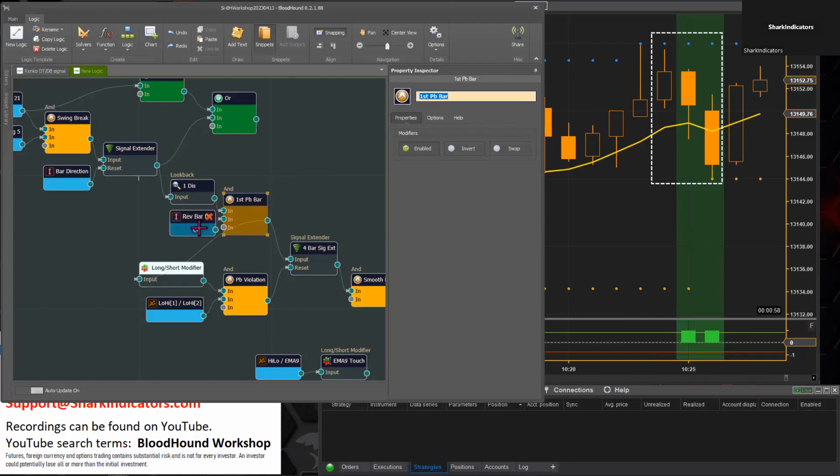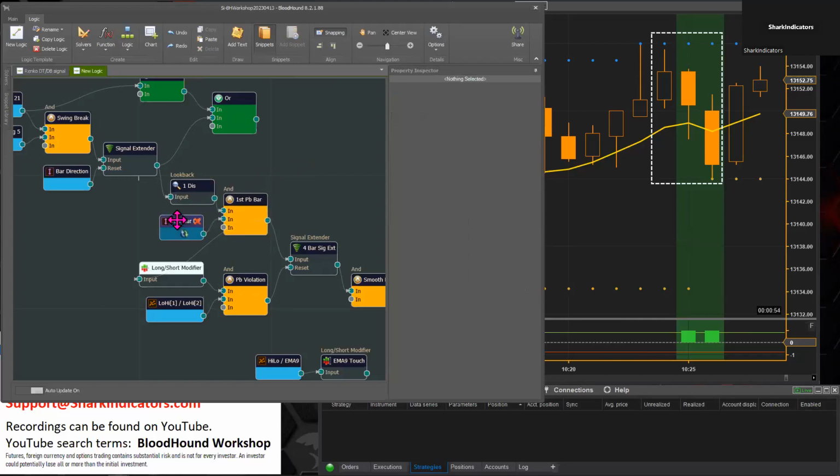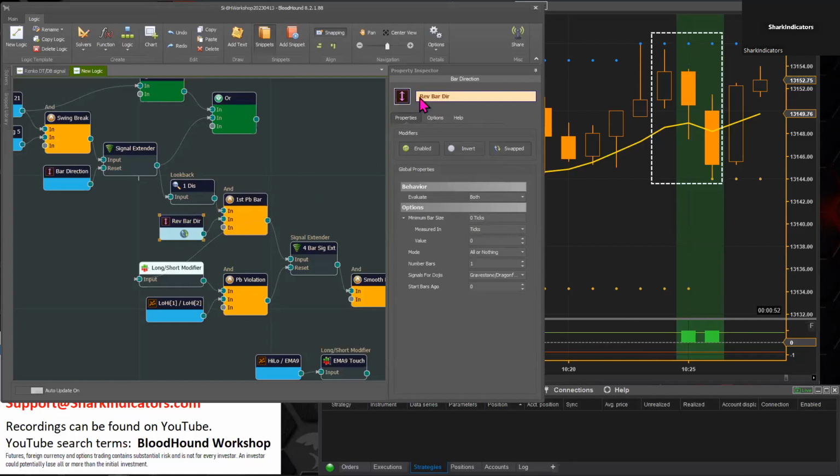Right now I can see all I have is the reversed bar direction. So right now we're only using the bar direction to identify the first pullback, and we can see that here because the long output starts on this down bar.